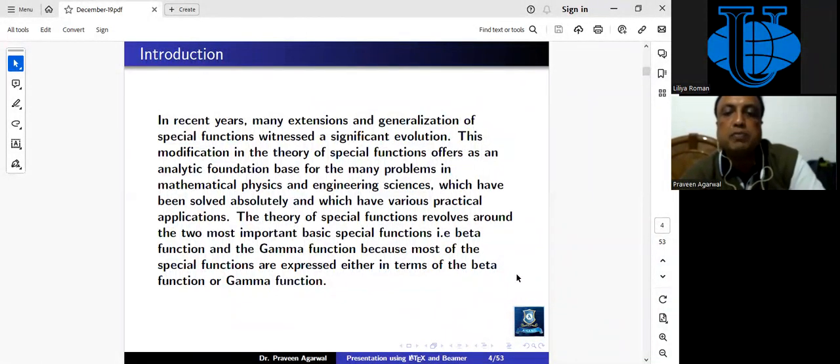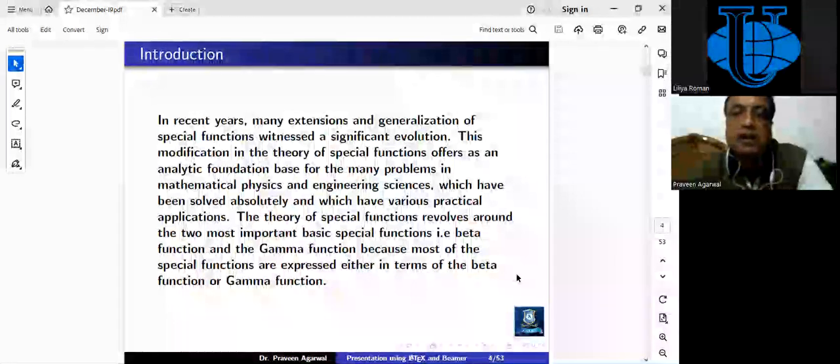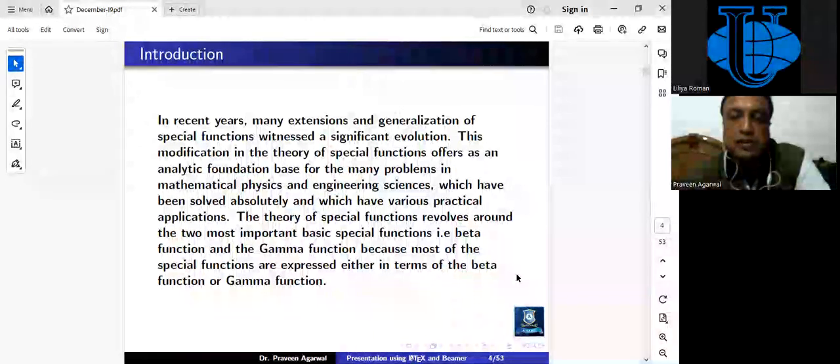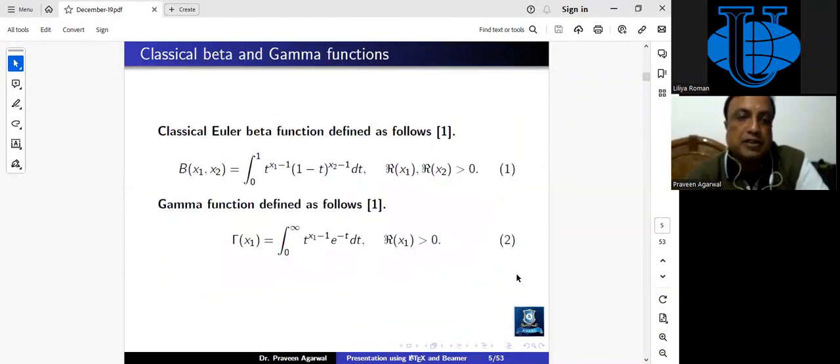The theory of special functions revolves around the two most important basic special functions, the beta function and the gamma function, because most of the special functions are expressed in terms of the beta function or gamma function. So this is the definition of the classical Euler's beta function, given by equation 1, and the gamma function, given by equation 2.